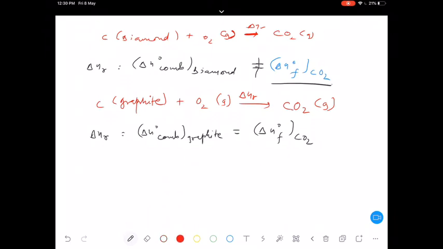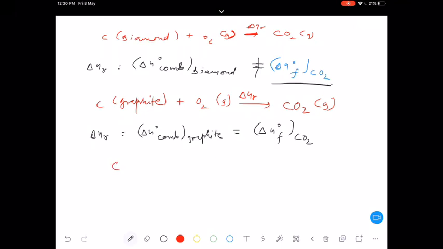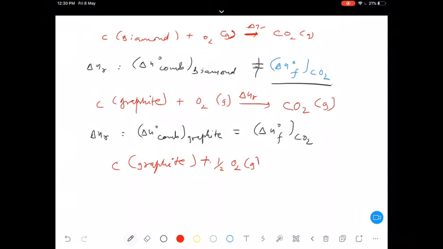Correct? Now here I take another example. Let's say carbon, graphite plus, let's say I write half O2 gas, giving you carbon monoxide in gaseous state, and here I write delta HR.